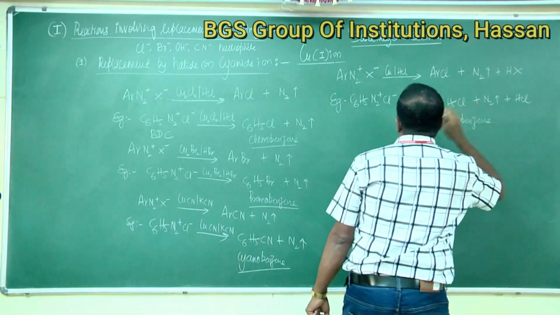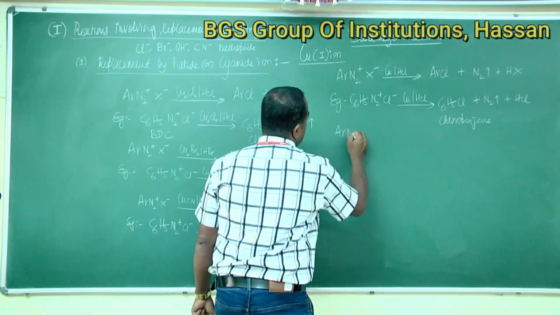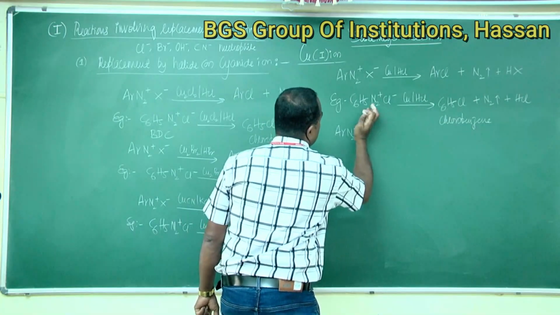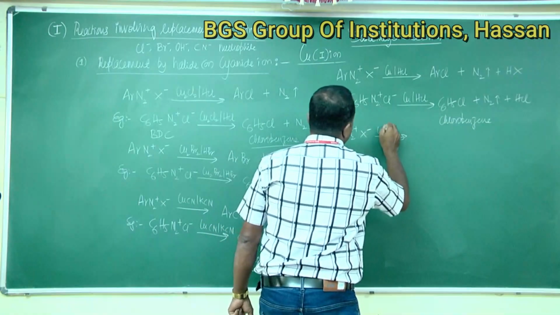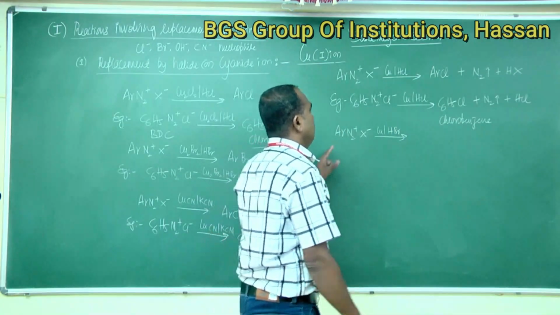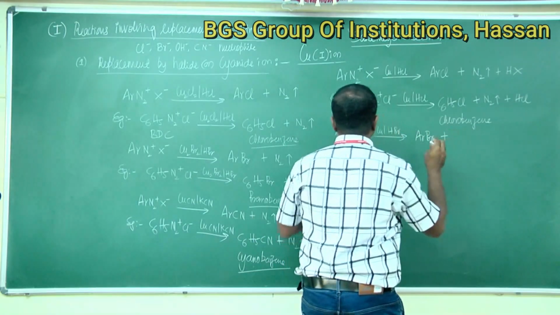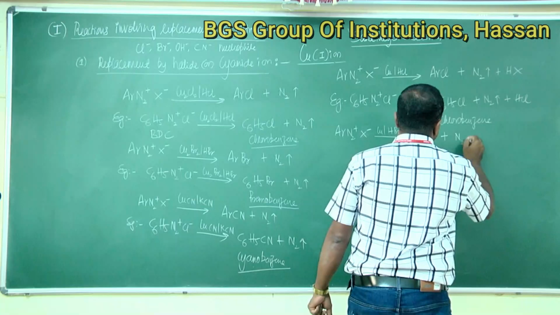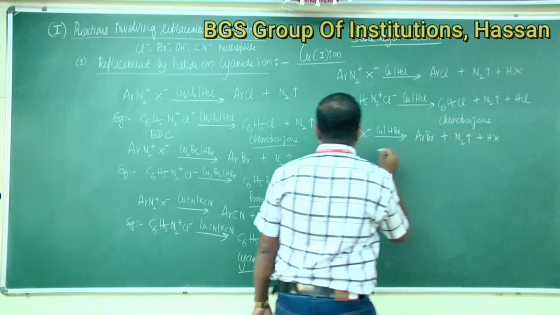Another reaction is ArN2+X⁻ treated with copper powder in the presence of hydrogen bromide. This gives ArBr plus N2 gas plus HX.